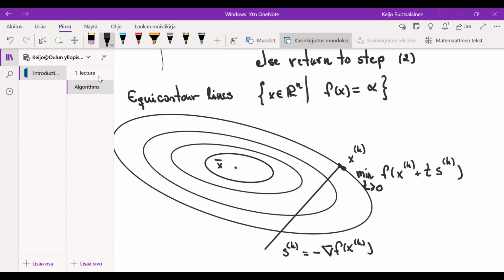And here we get, for example, somewhere here our point xk plus 1.